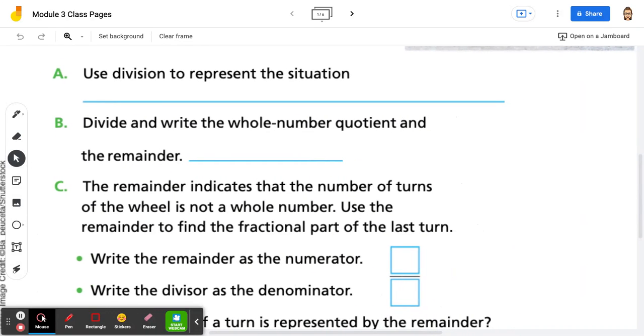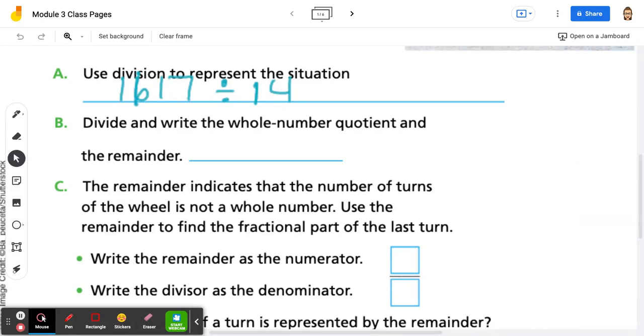So our division problem is going to be 1,617 divided by 14.